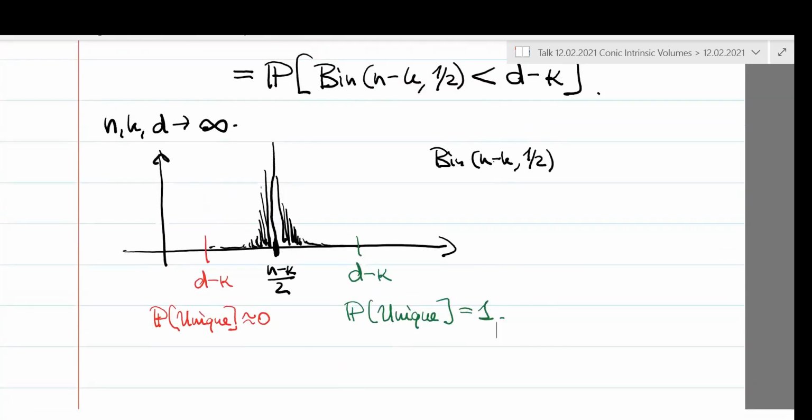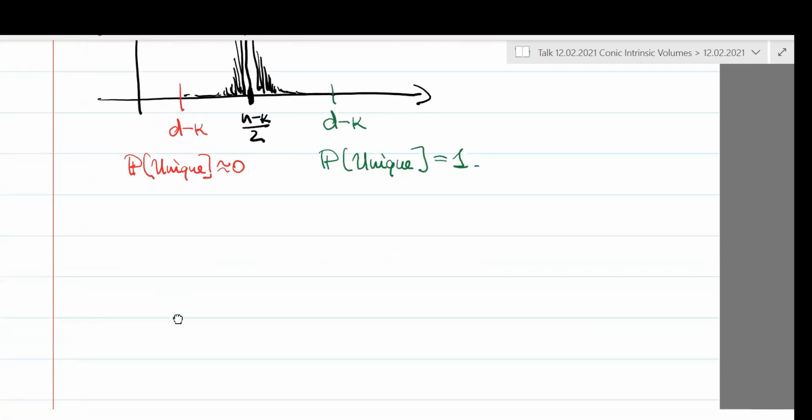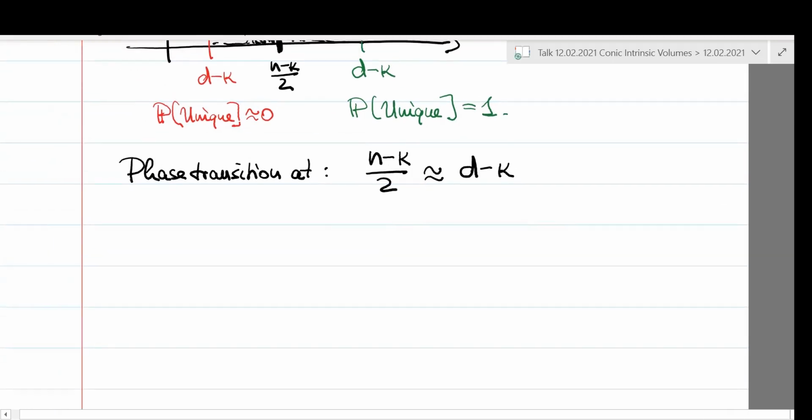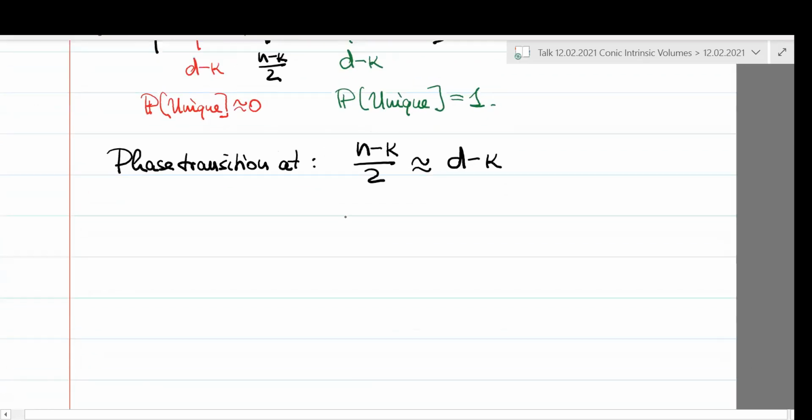Now, we proved essentially that there is a phase transition for the probability at the following point. The phase transition occurs if n minus k over 2 is approximately equal to d minus k. I don't want to be very precise here, just a rough idea. If we solve it, we see k smaller than 2d minus n is the condition under which we have uniqueness.